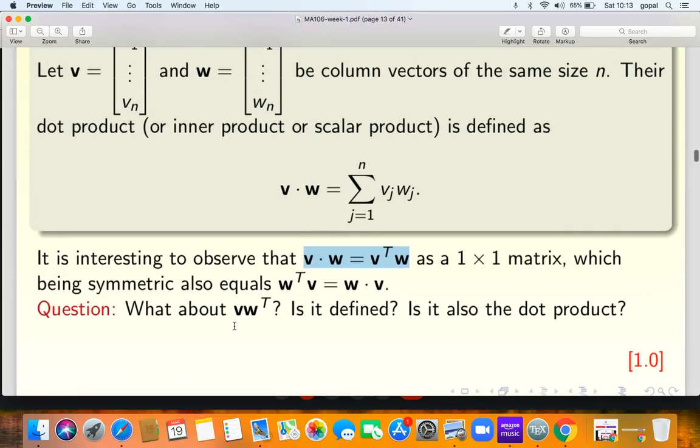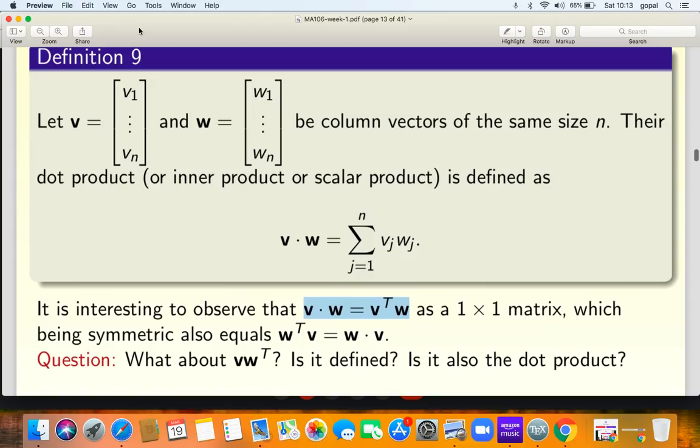What about VW transpose? V is a column vector. W is also a column vector. What's the size of W transpose? The size of W transpose is a 1 cross n matrix. So V is n cross 1 and W transpose is 1 cross n.